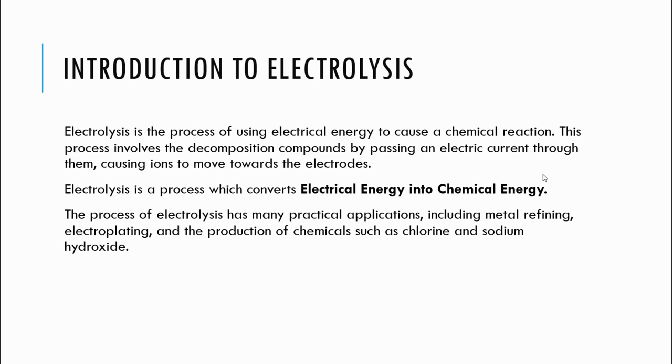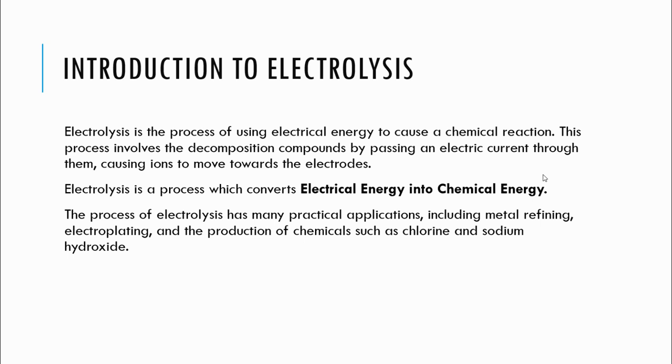Very important to note. The process of electrolysis has many practical applications, including metal refining, which refers to the purification of metal. Then electroplating. For example, take a banana: what you eat is like the real metal, and the shell, the cover, is what we plate the banana with.